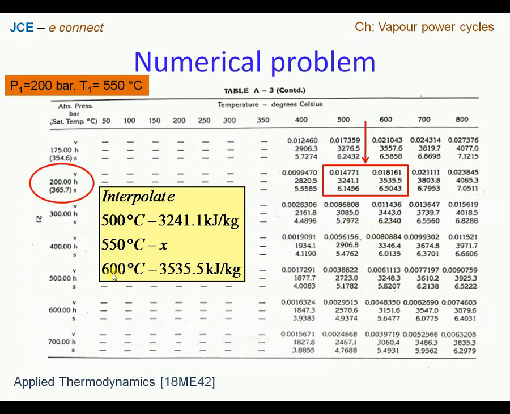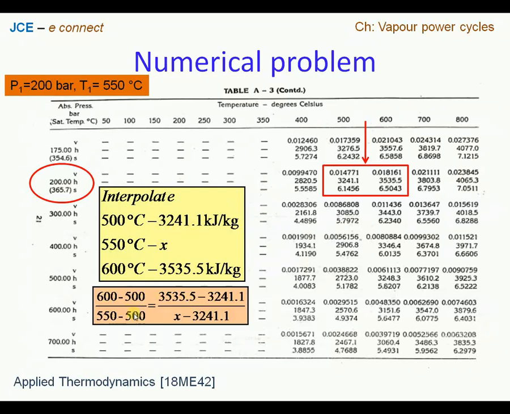Now we interpolate: 600 minus 500 divided by 550 minus 500 is equal to 3535.5 minus 3241.1 divided by X minus 3241.1.